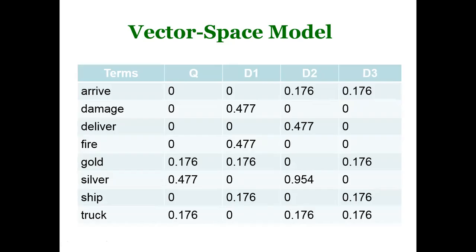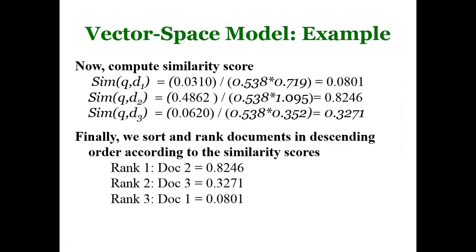So we can ignore them, just concentrate on the value of 0.477 multiplied by 0.954 plus 0.176 multiplied with 0.176. Or else, not to confuse, 0 times 0.176 plus 0 times 0 plus 0 times 0.477, for all terms, multiply the value at query and document 2. Finally, we'll get the dot product.